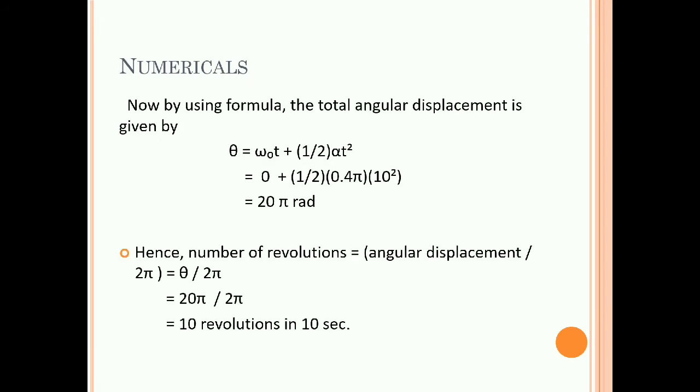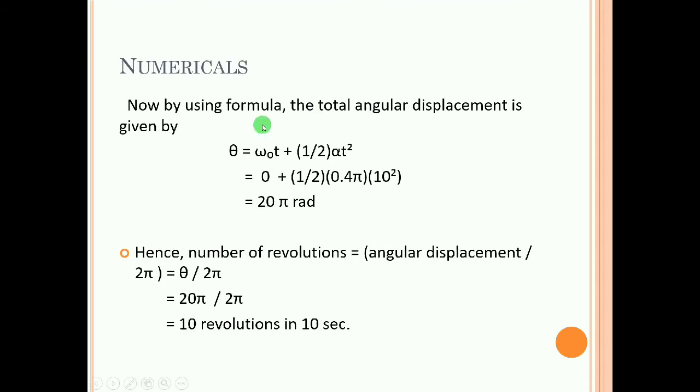Now, writing the angular displacement, theta equals omega 0 t plus half alpha t square. This is the second kinematical equation for circular motion, which we already discussed in the analogy between linear and rotational motion.